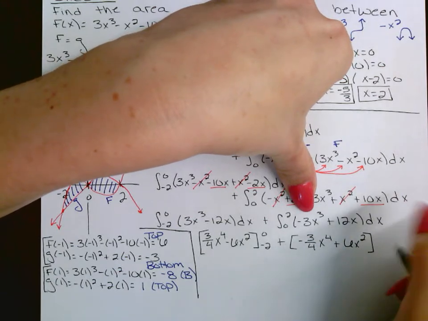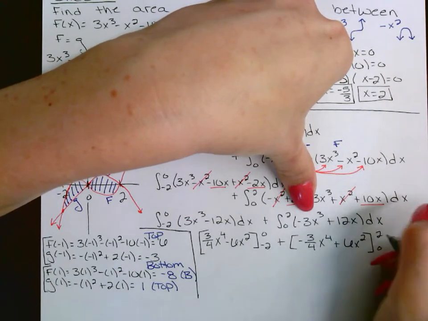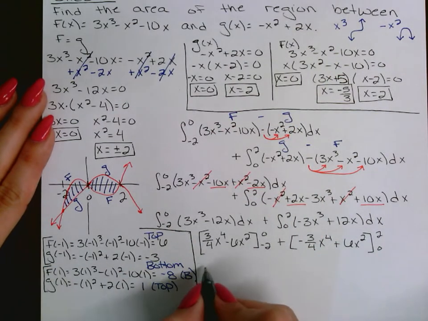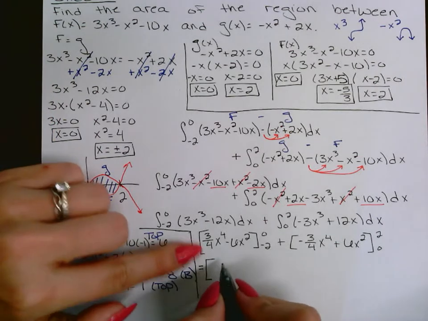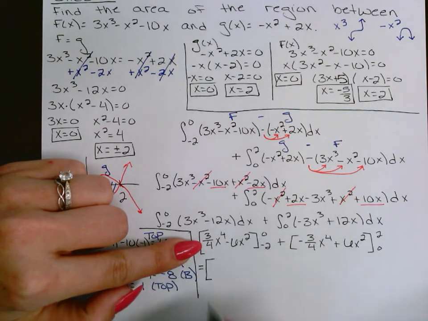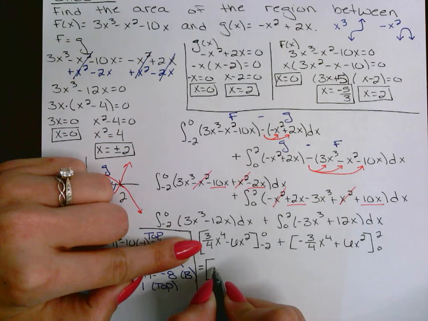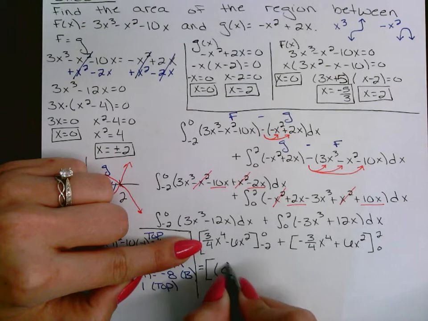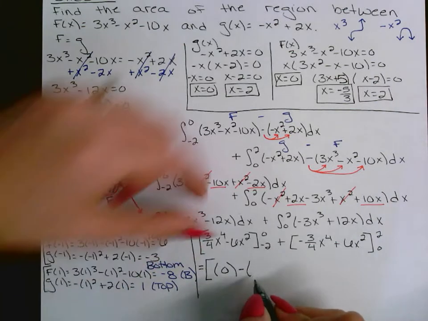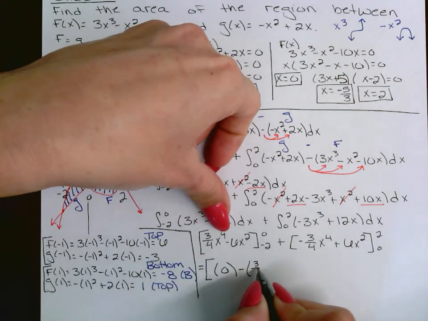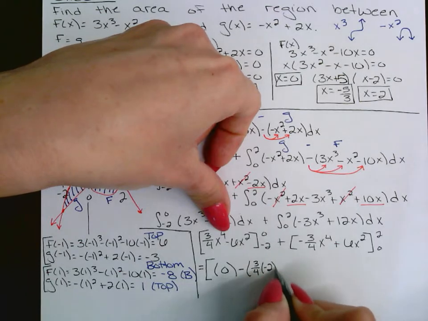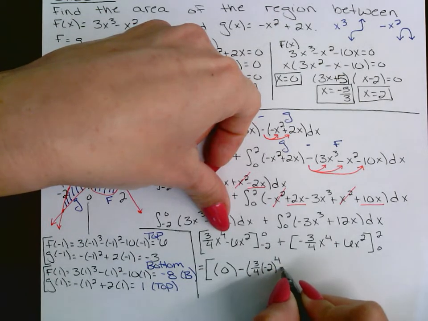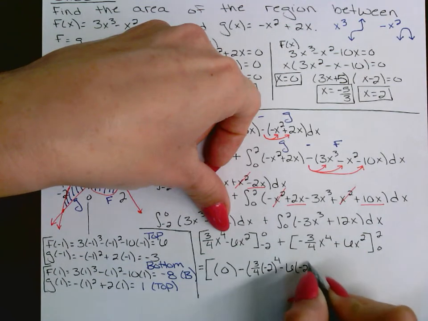Beautiful. And then now from 0 to 2. Okay? So we have my function at B. What is my function at B going to be? When I plug in 0 into both of these, I'm just going to get 0. So f of B minus, now here I got to plug in, okay?